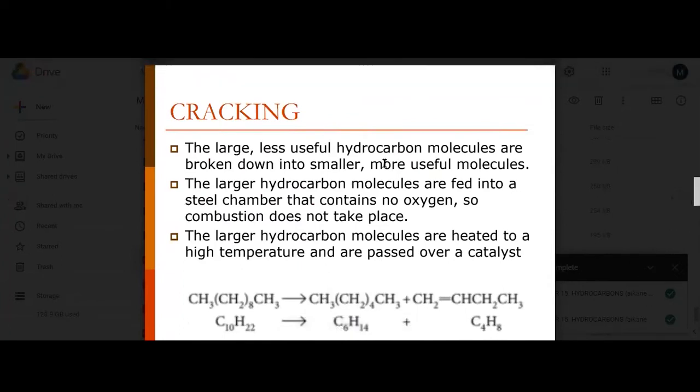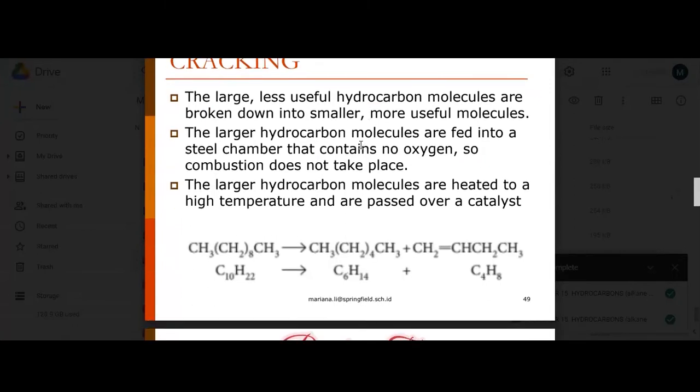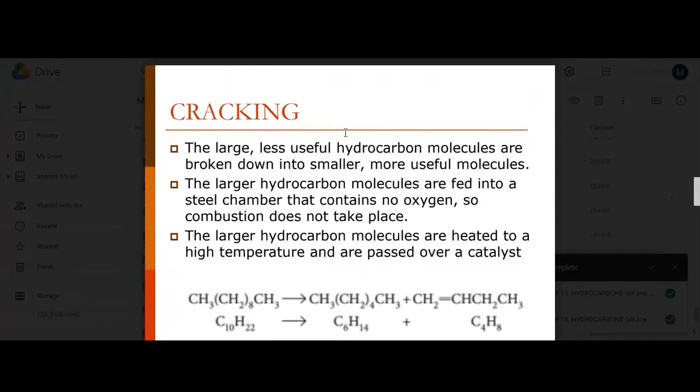How to form alkenes? Later on, you will see many reactions that can be used to form alkenes. But in reality, cracking is the most useful process to form alkenes. Crude oil contains very large, very long chain hydrocarbons, which are not useful.